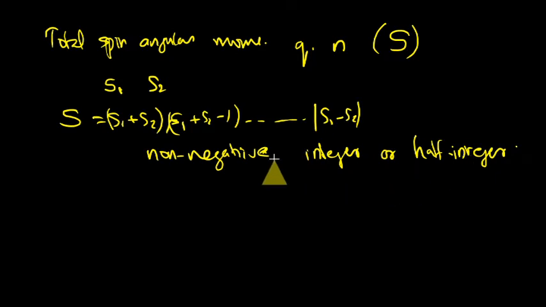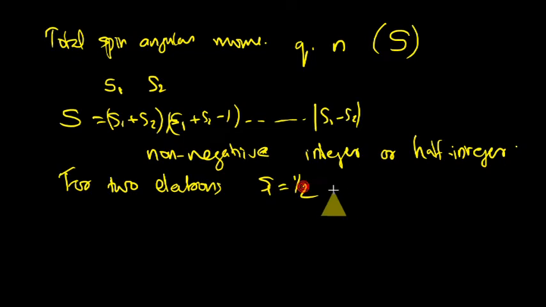We can get it from the Clebsch-Gordan series. And if we are considering two electrons, for example, what will be the values of S1 and S2? S1 is equal to half. S2 is equal to, you tell me, what is S2?